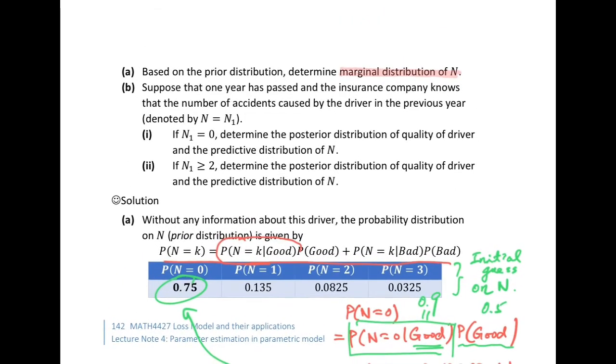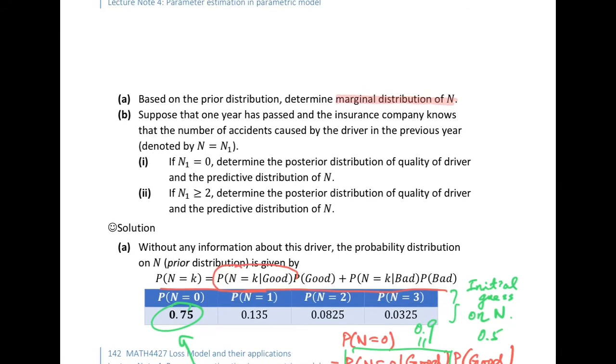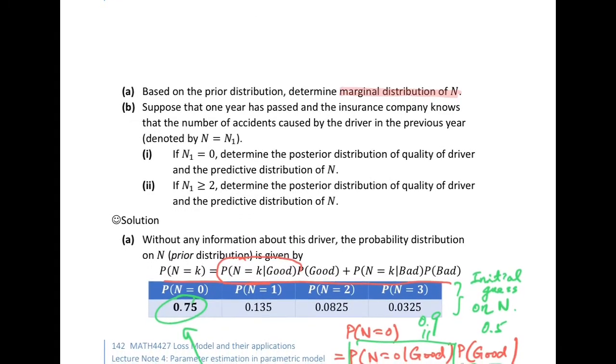Now let us try to move on from time 0 to 1. Remember, under this Bayesian estimation, when new information arrives, the insurance company can use this information to update their guess on the quality of the driver. Let us consider this scenario.